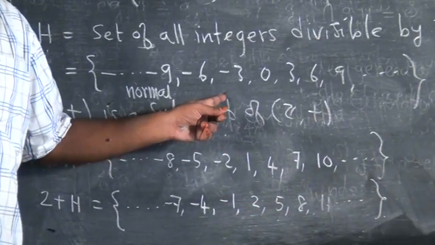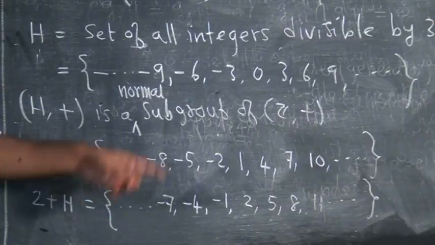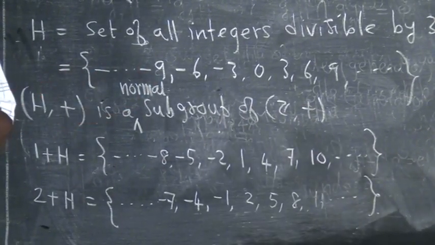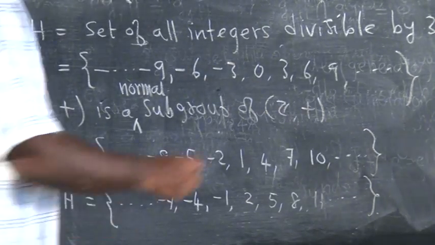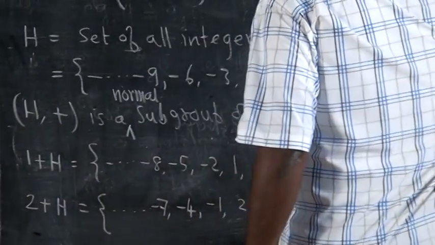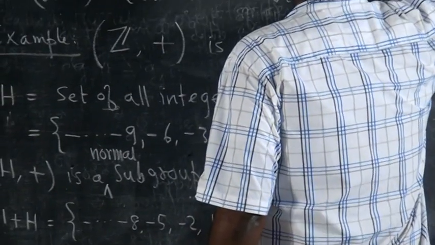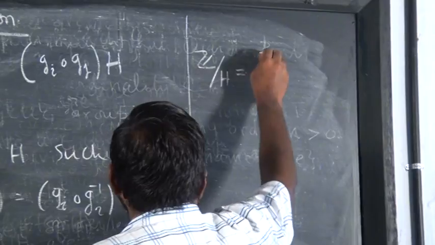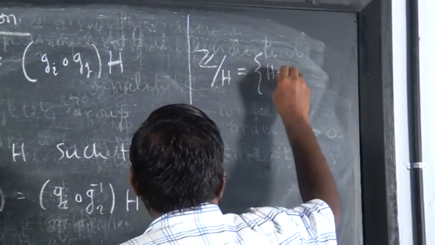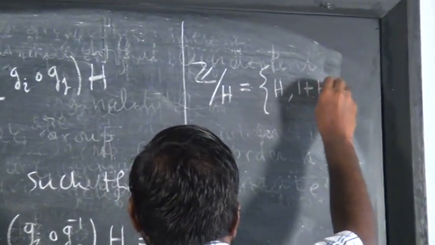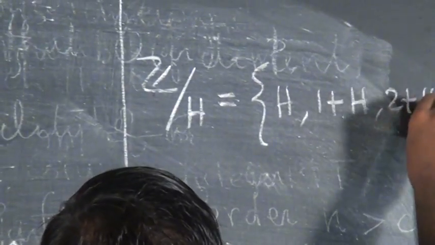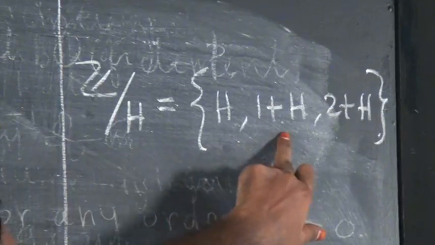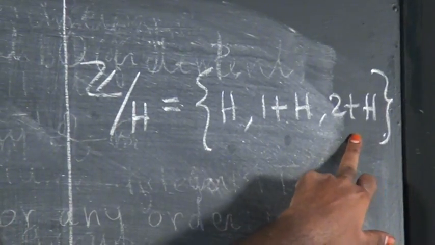It is same as H. Notice that 3 plus H is H. Okay, so I will not get any new. Now I can write this Z over H as H comma 1 plus H comma 2 plus H. The entire integers can be written as H, 1 plus H, 2 plus H.